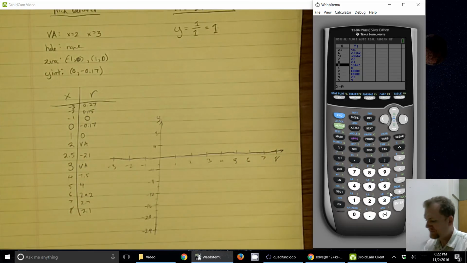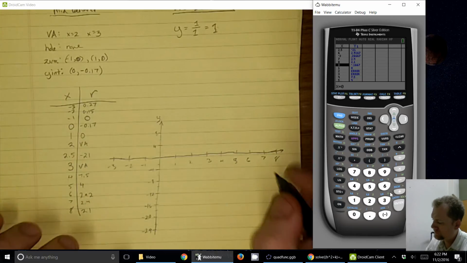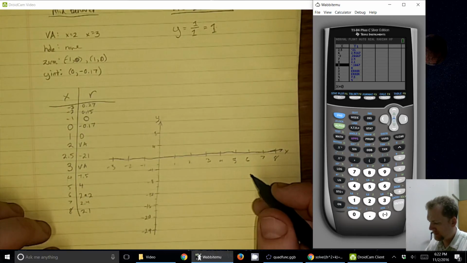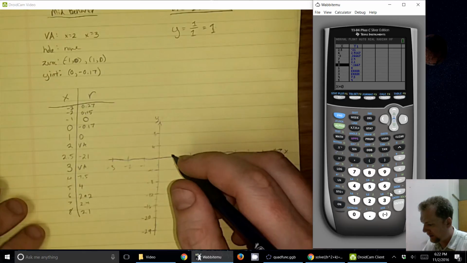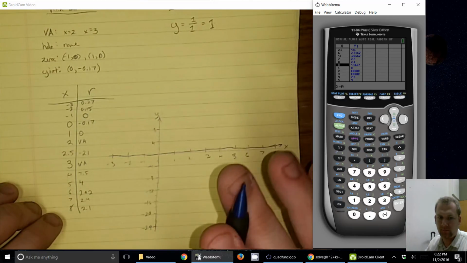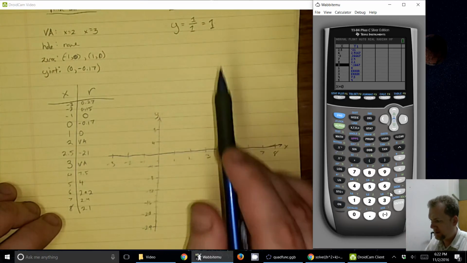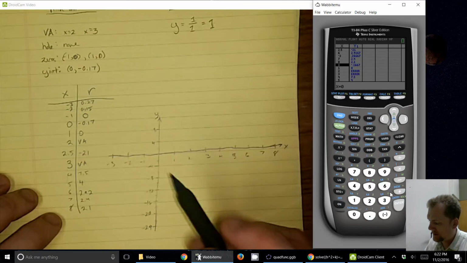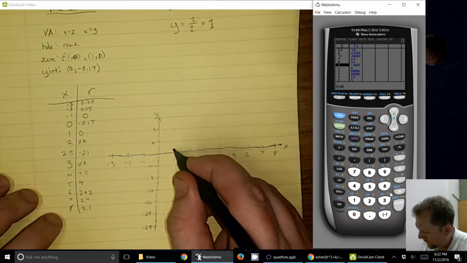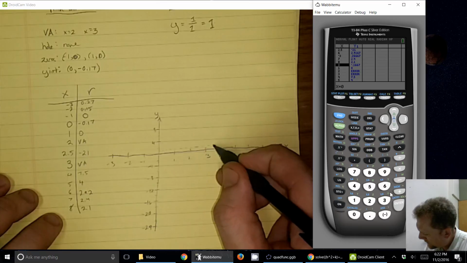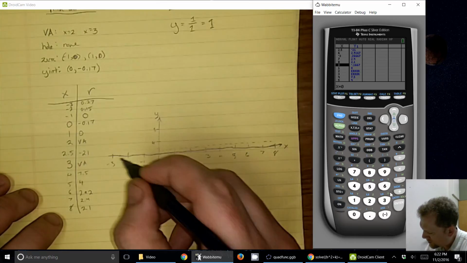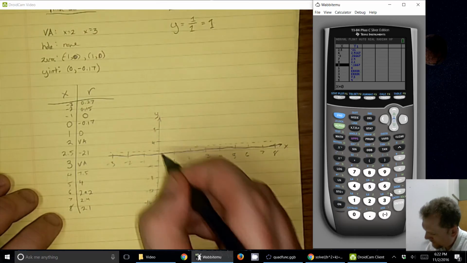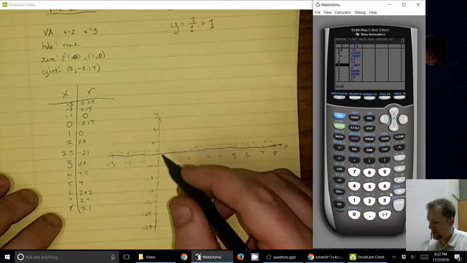Now we plot. Negative 3 and then 1. So before you do anything, put your asymptotes in. Put your horizontal asymptote in. This is the line that it should be approaching. It's in between 1 and 2, 0 and 2 there.